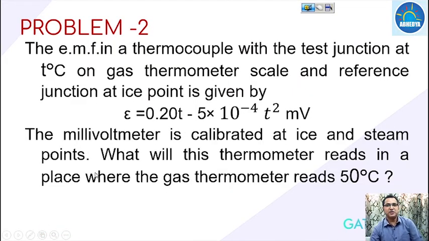So now see one problem, how to calculate the value of temperature with the help of this thermometer. The question is: the EMF in a thermocouple with the test junction at T degree centigrade on a gas thermometer scale and reference junction at ice point is given by the relation E equal to 0.2 T minus 5 into 10 raised to the power minus 4 T² millivolt, where T is the temperature in degree centigrade.